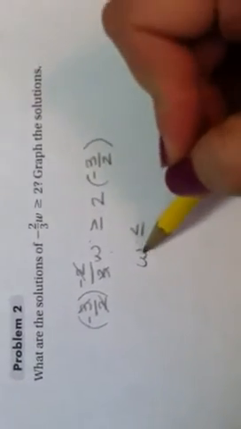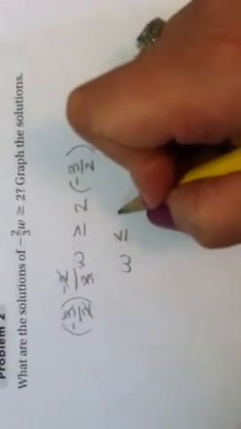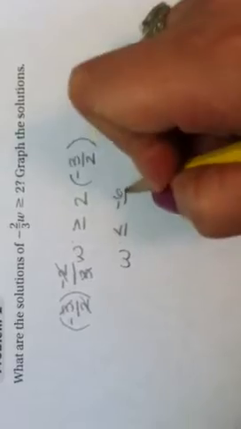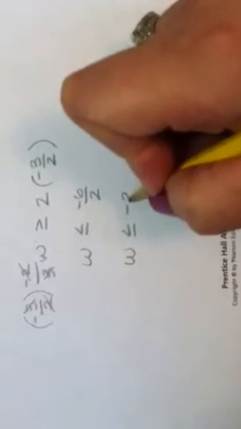I'll explain why here in a little bit. So now I'm left with w is less than or equal to 2 times negative 3 is negative 6 over 2. And I can simplify that one more time. W is less than or equal to negative 3. I'm going to show you why it's not the other way around.